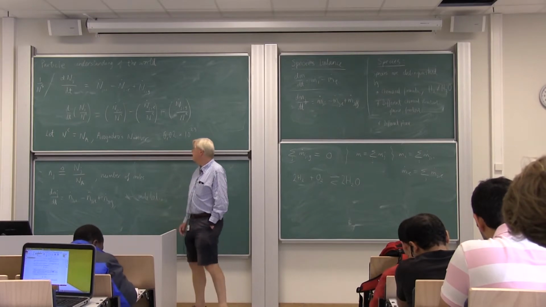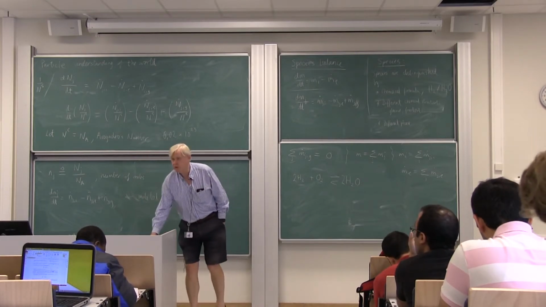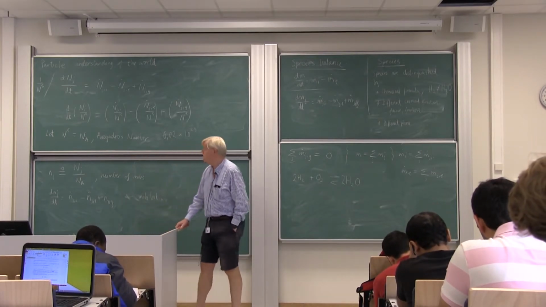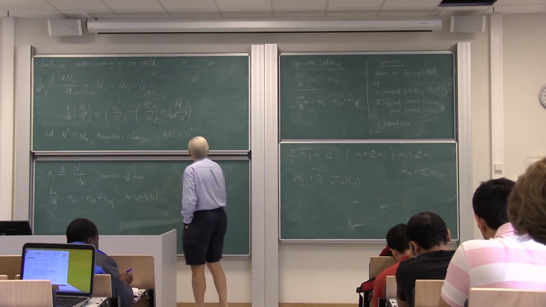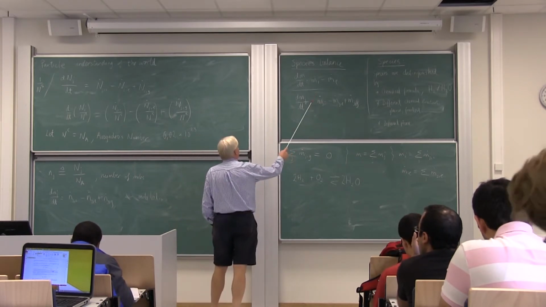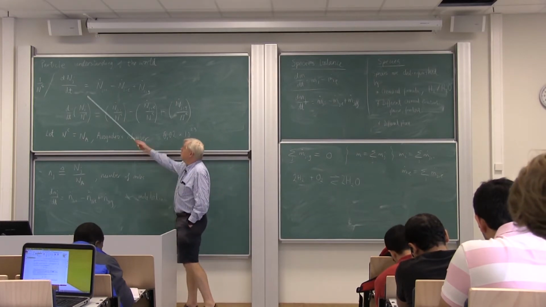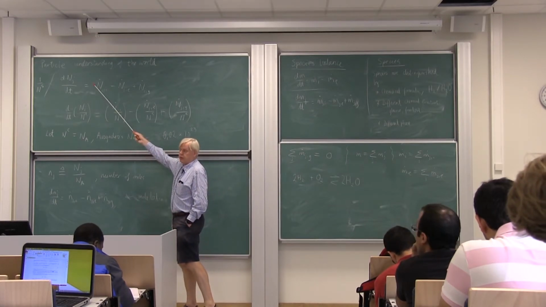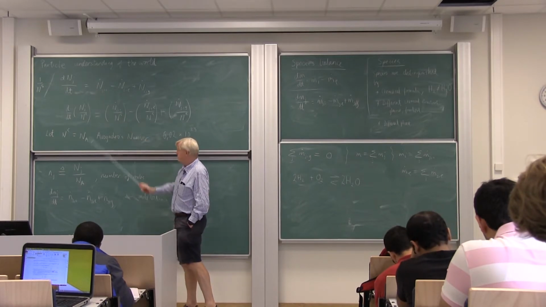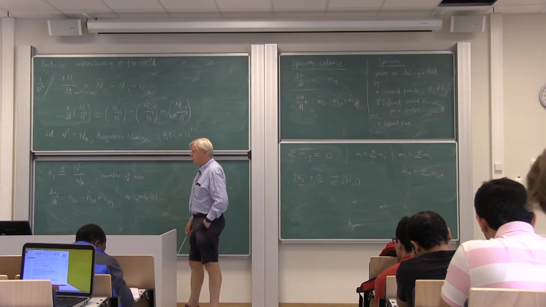So these are equally valid. We could either use the mass-based species balance, or the number or particle number based species balance, or the mole balance.